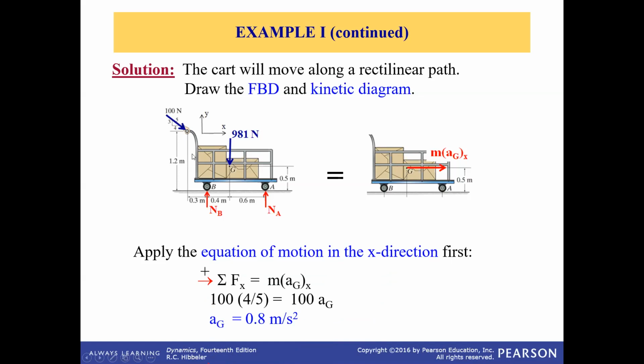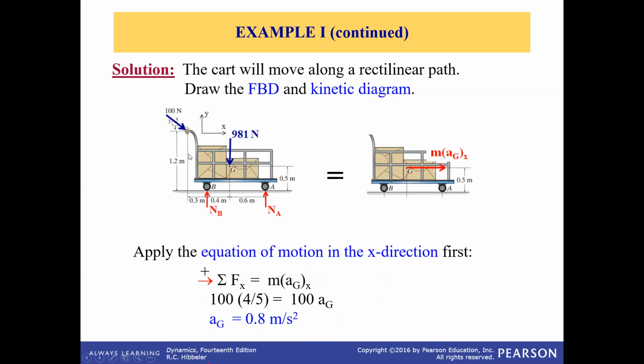The net force in the x direction: this force you can resolve into two components. The x component is going to be 100 times 4 over 5, the cosine of the angle there.